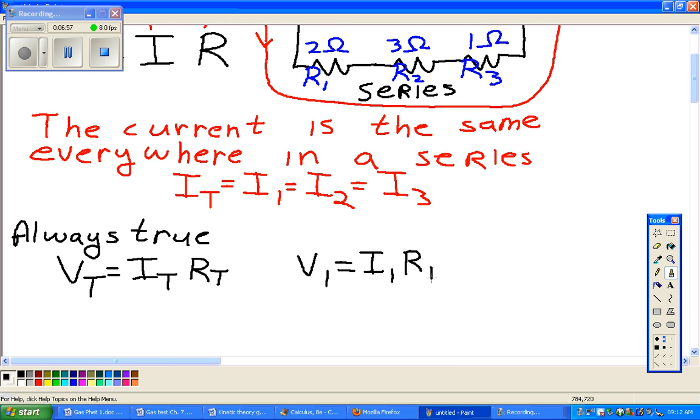It's always true that if you take the voltage in 1, it equals the current in 1 multiplied by the resistance in 1. Now, what I would like to find is how much current is going through this circuit. If it's a lot of current, I need to have big wires, otherwise they will burn up.